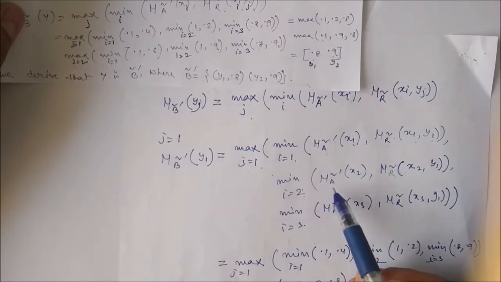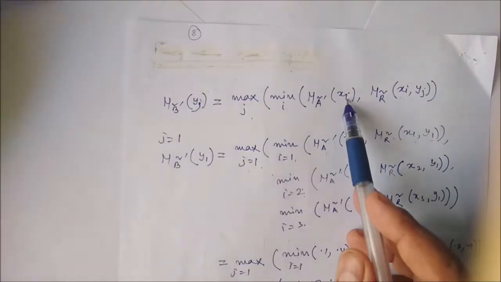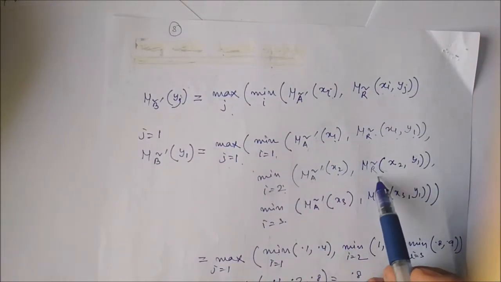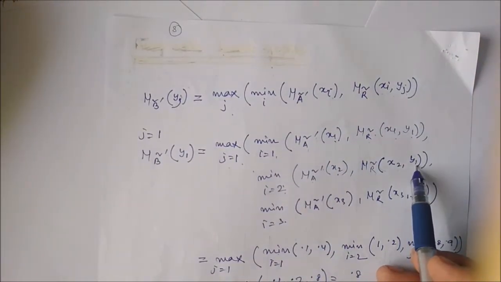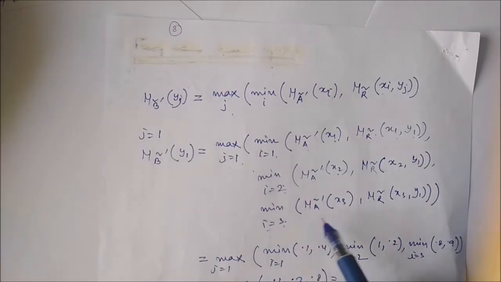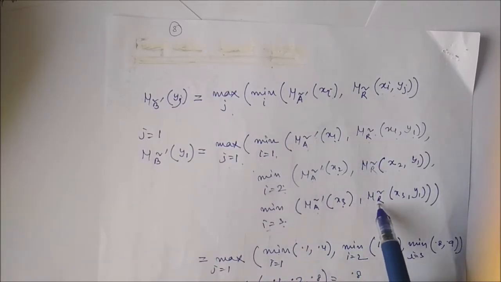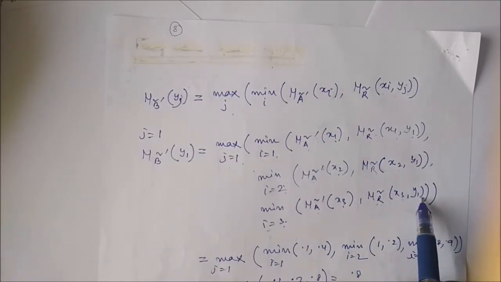If i is equal to 2, mu a dash x2 and mu r x2 y1. If i is equal to 3, mu a dash x3 and mu r x3 y1.